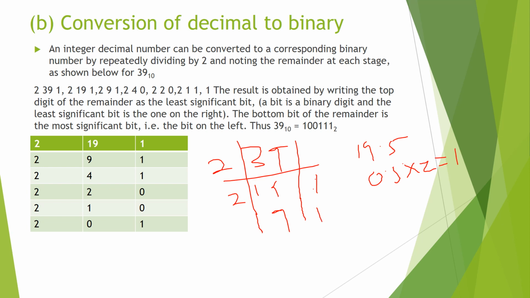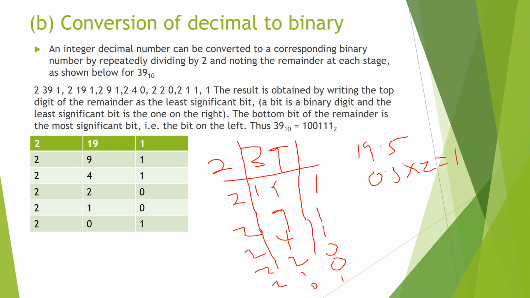And then from there, if you take 4 and divide by 2, you get 2 with a remainder of 0. If you divide by 2, you get 1 with a remainder of 0. And then if you divide 1 by 2, of course it is less than 2, you get a 0 with a remainder of 1.